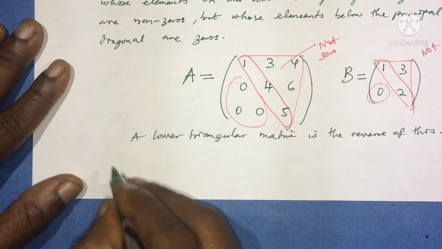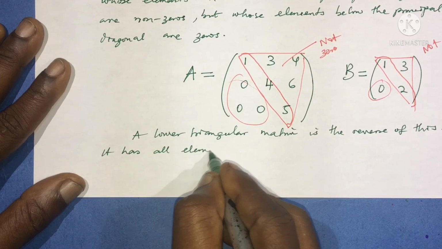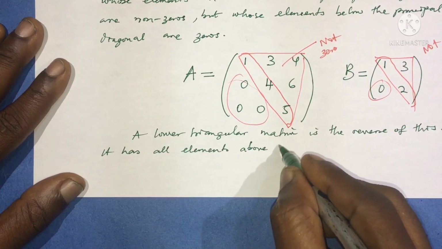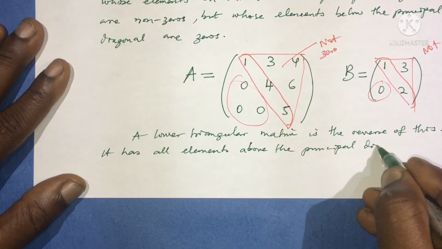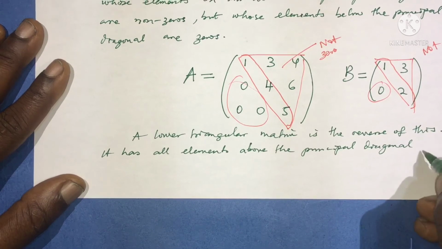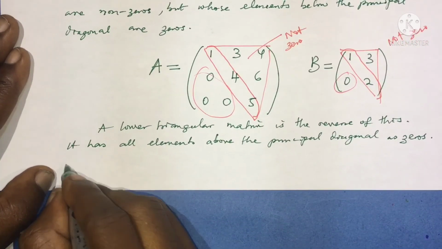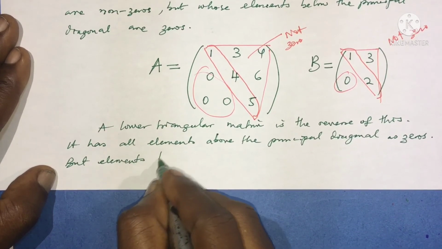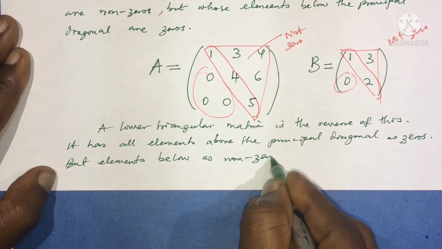It has all elements above the principal diagonal as zeros, but elements below as non-zeros.